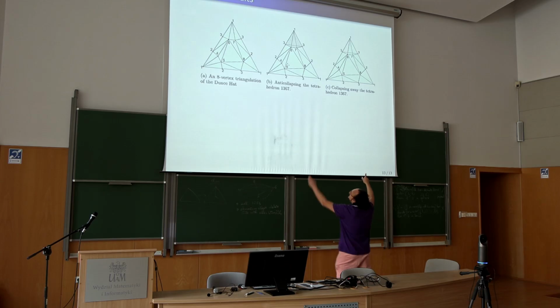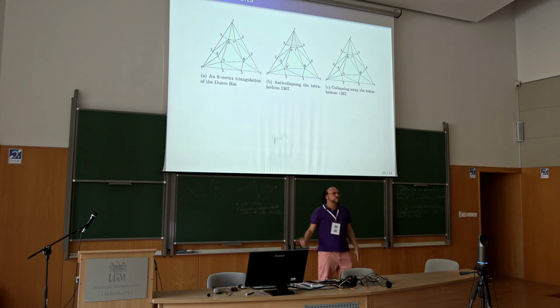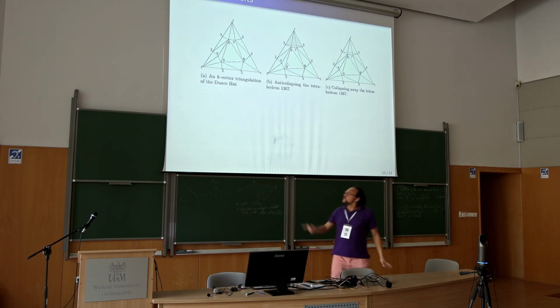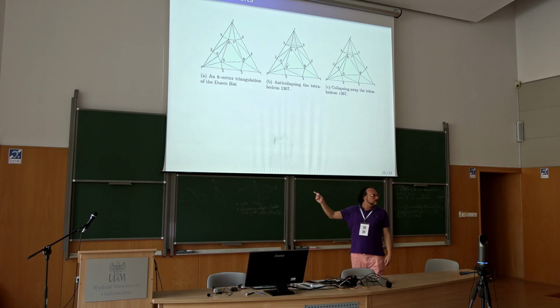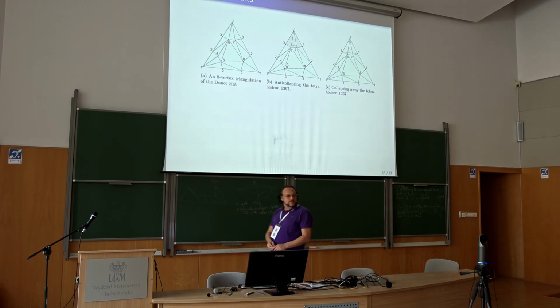Basically, in the end, I traded the triangle 1, 3, 6 with a triangle here called 3, 6, 7 that was not present in the beginning. This trade is very fruitful because now this new complex is collapsible. So with one anti-collapsing step, you decided contractibility.